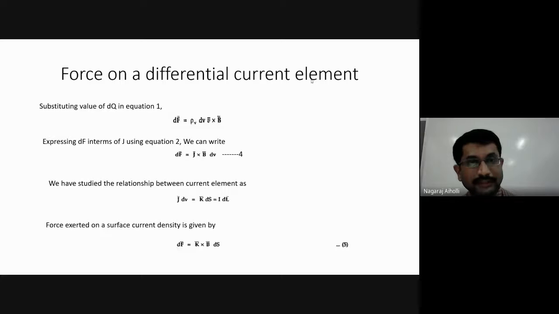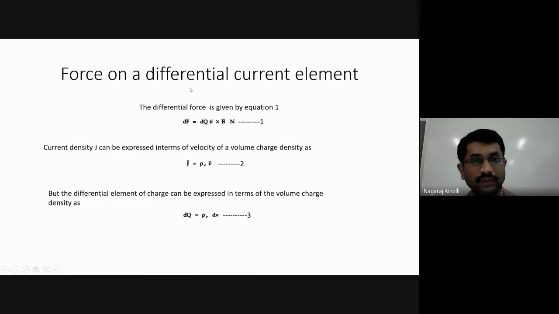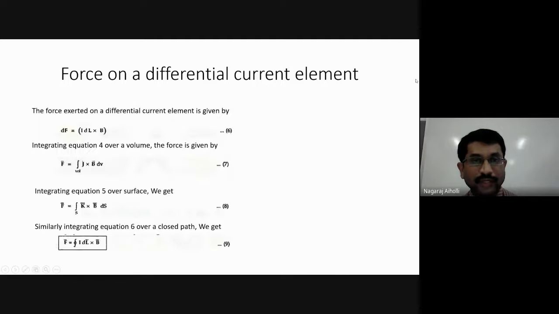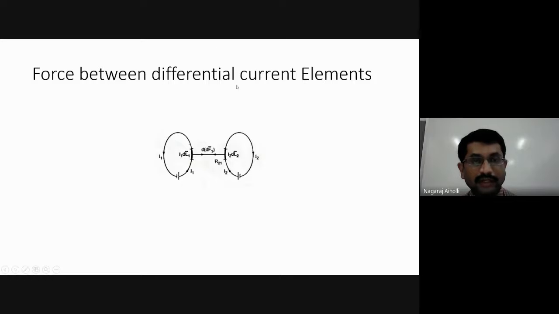There we found the force for a single differential current element. What we have done today is the force between differential current elements. That is, we have considered two differential current elements and found the force between them. That is the difference between what we have done today and the previous class.